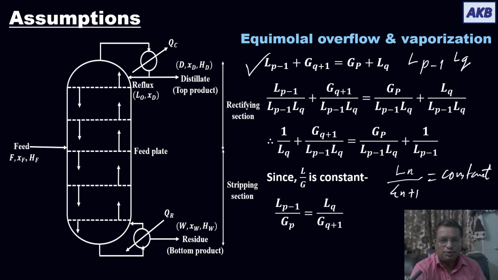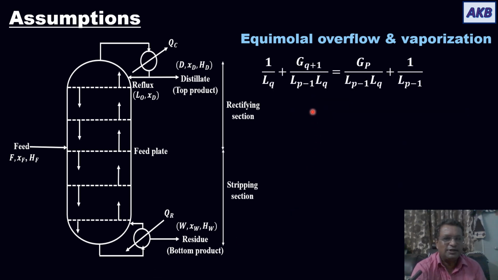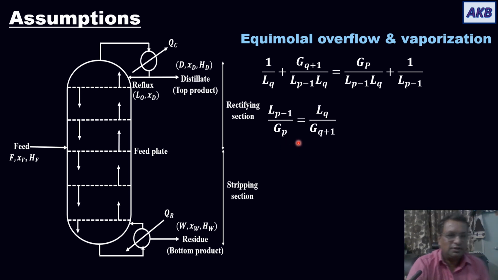Okay. So due to this, what happens? Let us understand. So you have this, and now as per our previous two assumptions, we have got this. So that means LP minus 1 upon GQ plus 1, or rather LQ upon GQ plus 1.